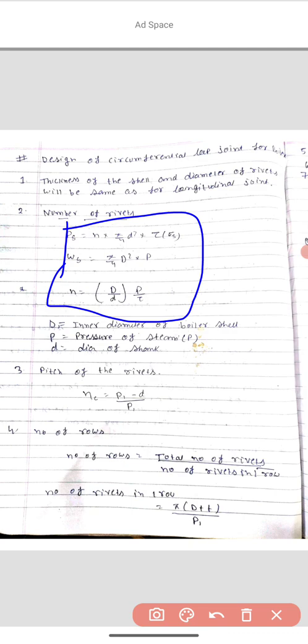Comparing both, one is the shearing stress value and the second is the shearing resistance.